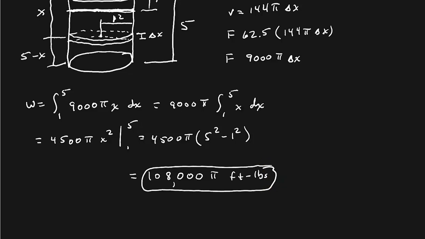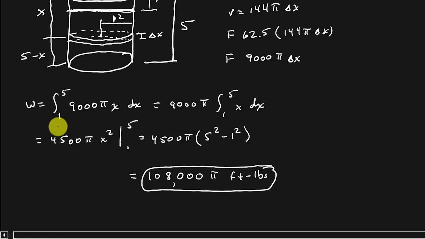And that's your answer. So remember, when you're talking about pulling up ropes or cables or whatever, or pumping water out of a tank, don't think about the entire rope or all of the water. Set up your function, your F times D, based on a little slice of it. And then that's what you're doing with your integral: summing up all those little slices from whatever to whatever.